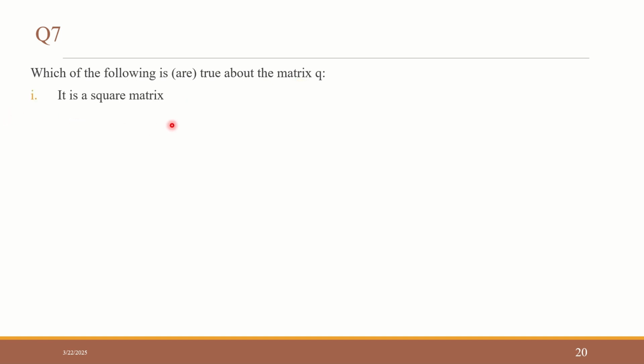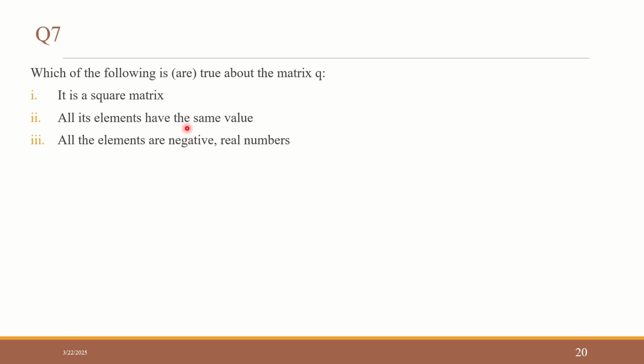First one, it is a square matrix. Second one, all of its elements have the same value. Third one, all the elements are negative real numbers. Okay, we have three statements here. One is it is a square matrix.